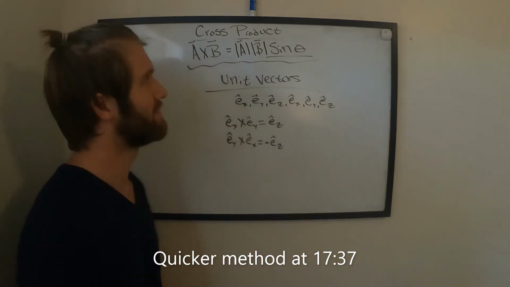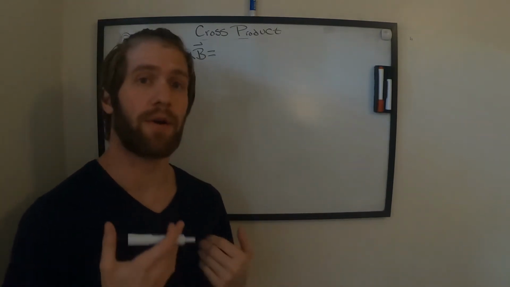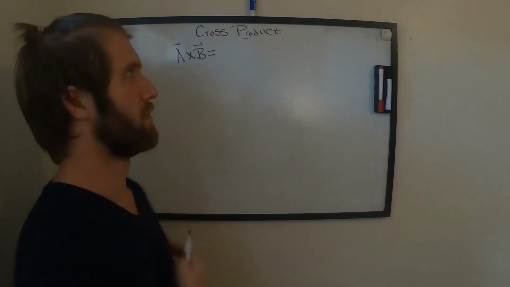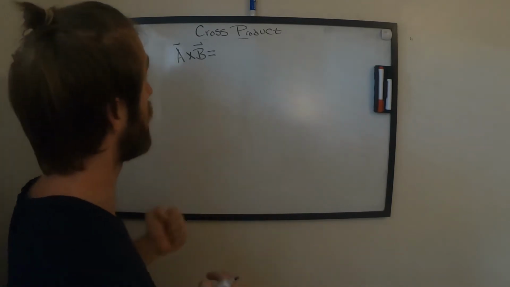So let's begin. Now we're going to define our vector components at this point and go through the algorithm and how to go about determining our cross product.